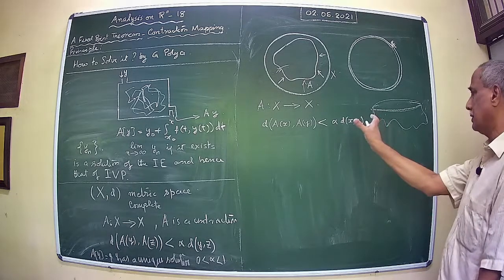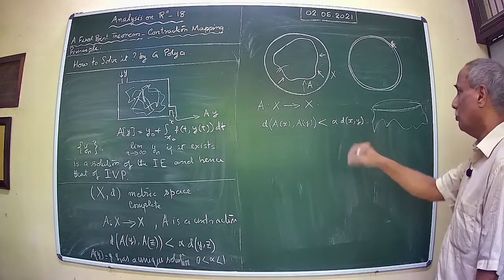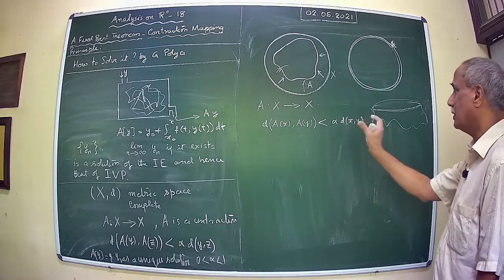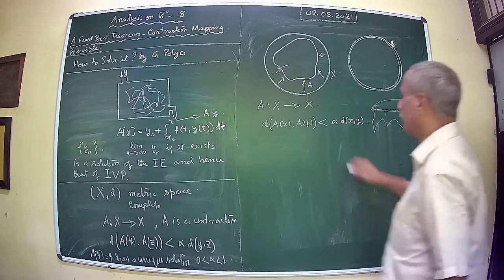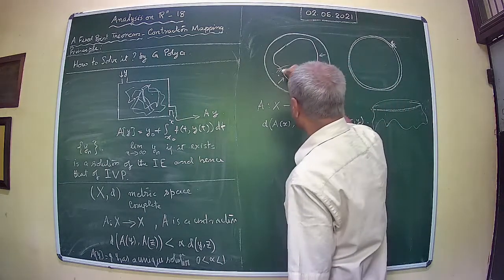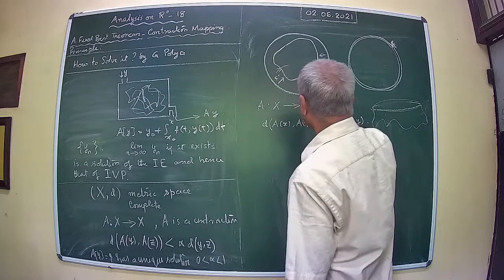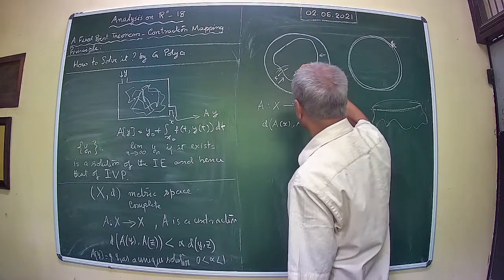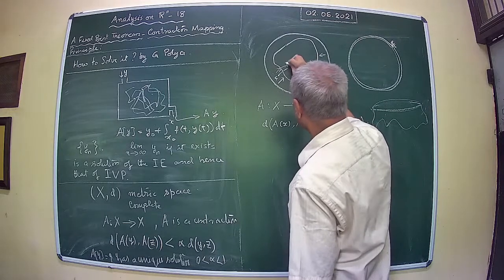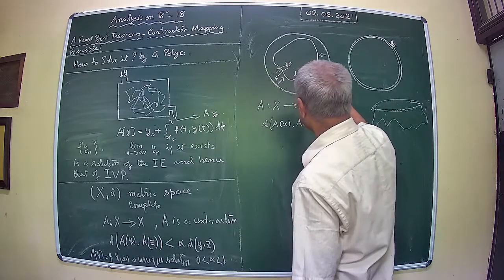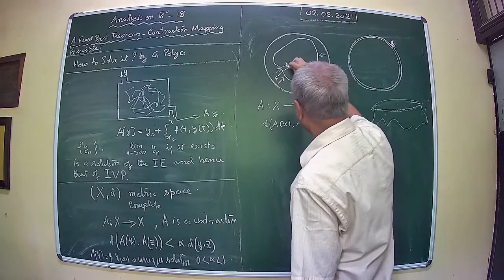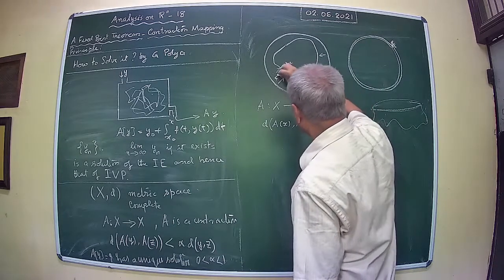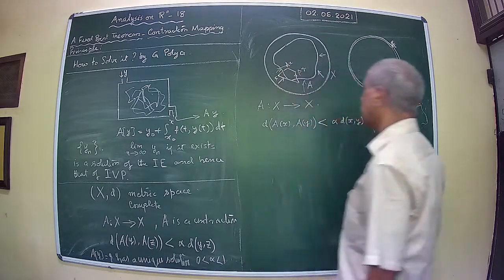Two points move to two points there. The distance between them will be smaller, so for instance, you take this point x and this point y. What will happen? This will move somewhere here, this will move somewhere here. So this is Ax, this is Ay, and the distance between them is smaller than the distance between x and y.